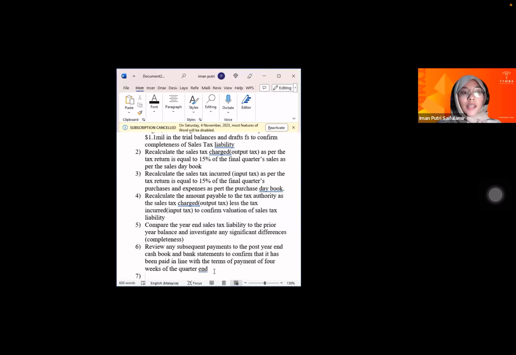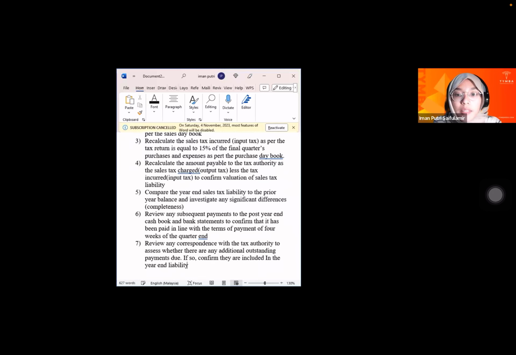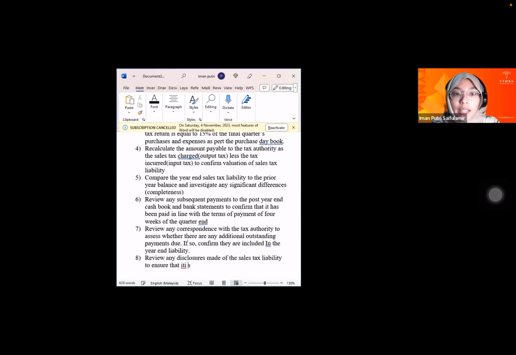Next, we want to review any correspondence with the tax authority to assess whether there are any additional outstanding payments due. If so, confirm they are included in the year-end liability. Lastly, our favorite point, review any disclosures made of the sales tax liability to ensure that it is in compliance with accounting standards and legislation.